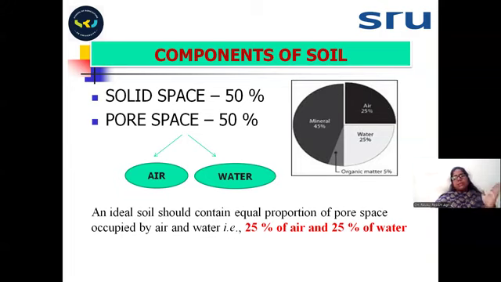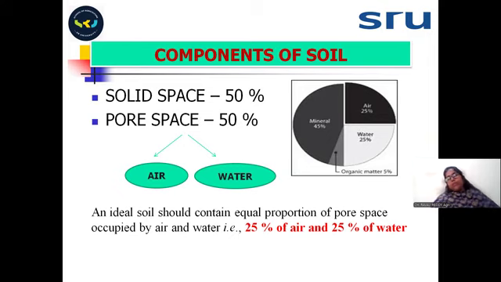This 50% can be further divided into 45% of mineral matter and 5% of organic matter, whereas pore space has two components in it, that is soil air and soil water. In any ideal soil condition, the soil will contain 25% of soil air and 25% of soil water in it.